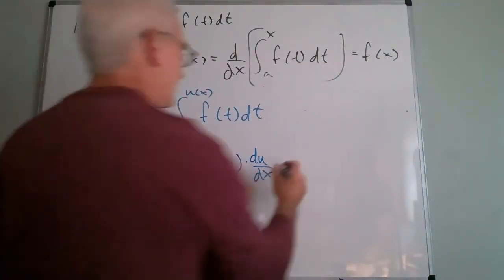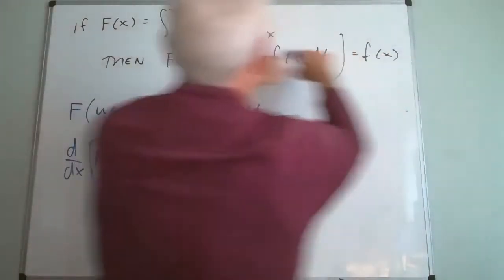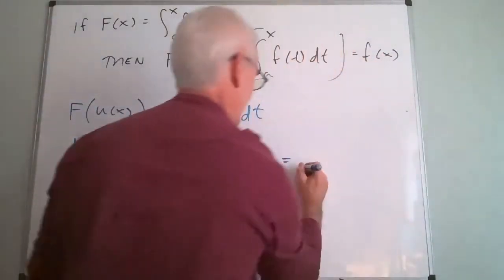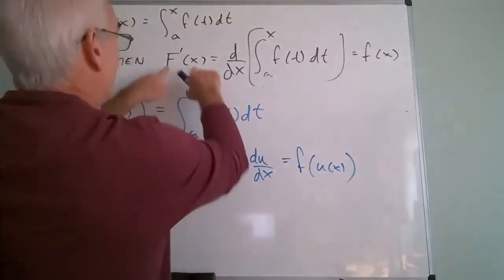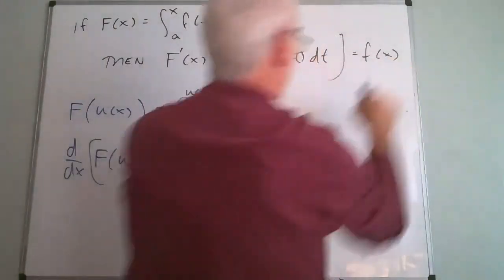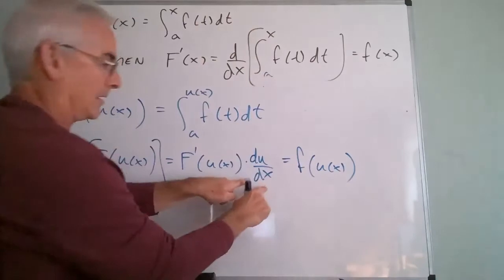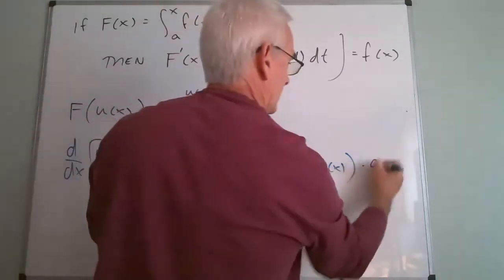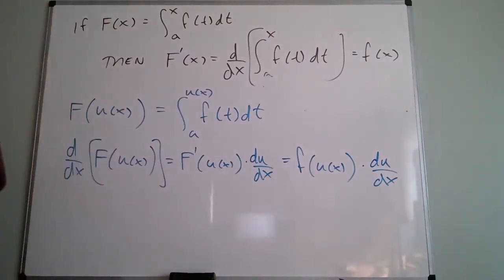Oh, but f prime of x is little f of x. So f prime of u of x should be little f of u of x times the chain rule factor. And that's the most general case.